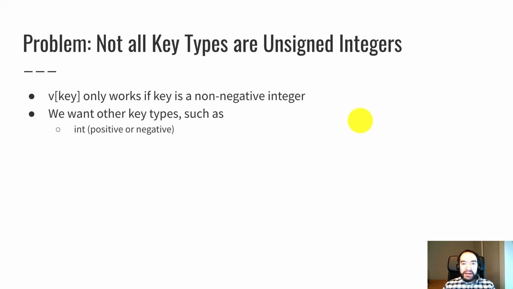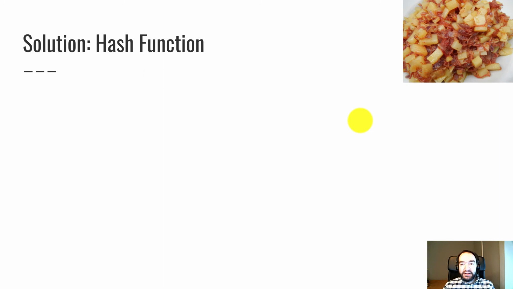So we want to be able to use an int as a key that could be positive or negative. Negative numbers are never legal array indices. We'd like to be able to use a string. A string is not a legal array index, or a float, that's not a legal array index. Even user-defined types, like if I make my own class that could maybe be a key, I would like that to be something that could work. So that approach doesn't work either.